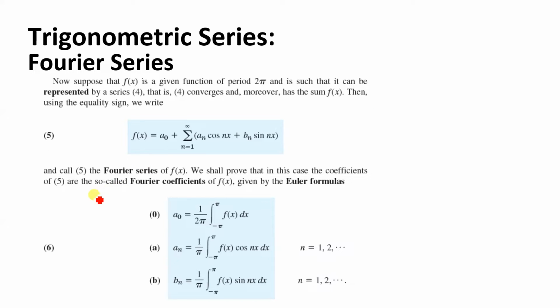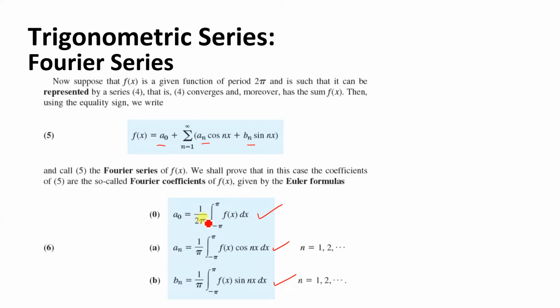So here we go. This is the Fourier series approximation for any periodic function with period 2π. f(x) is equal to a0 plus sigma n varies from 1 to infinity of a_n cos nx plus b_n sin nx, where a0 can be evaluated by this formula, and the rest of the a_n's and b_n's can be evaluated using these formulas.